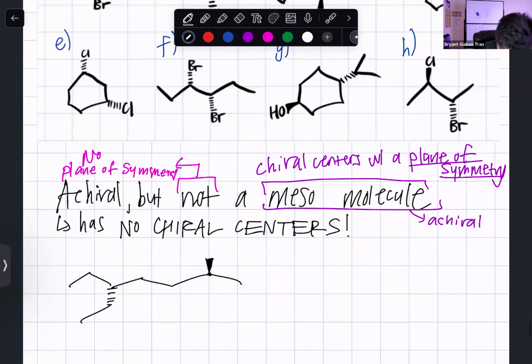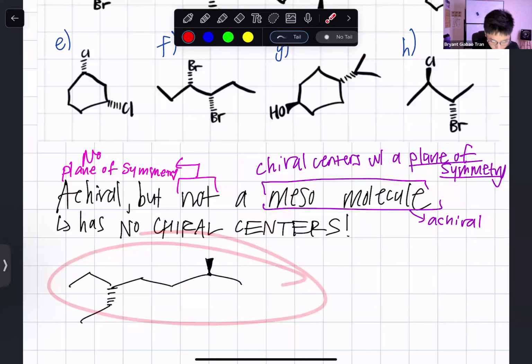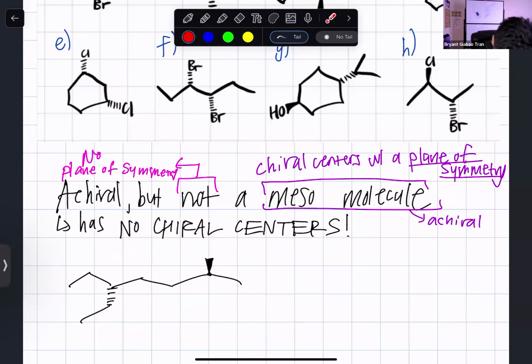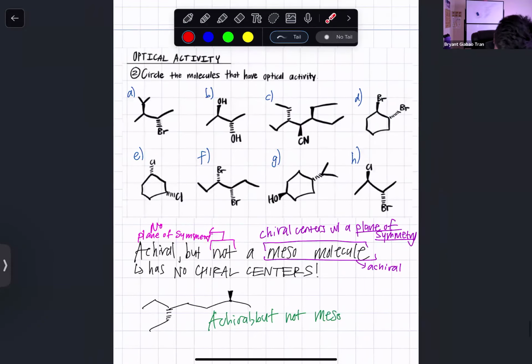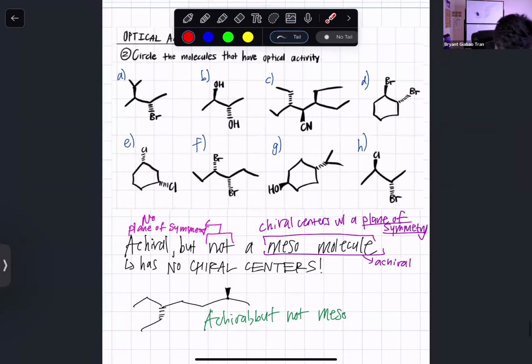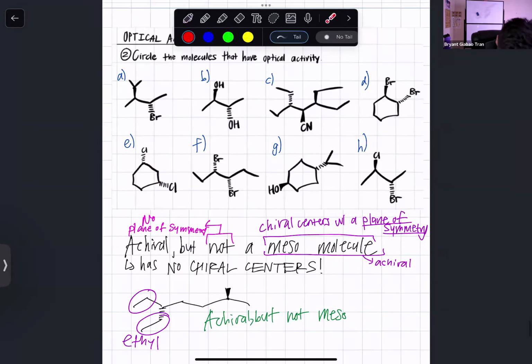This structure here is achiral but not meso, because there are no chiral centers at all. This is not a chiral center right here, because these two groups are the same, ethyl groups. This one on the right is not a chiral center because there are two methyl groups.